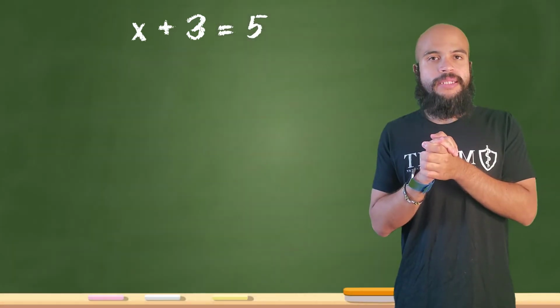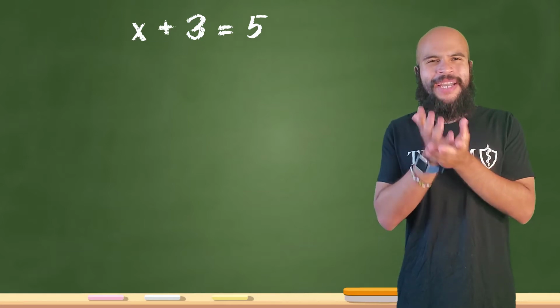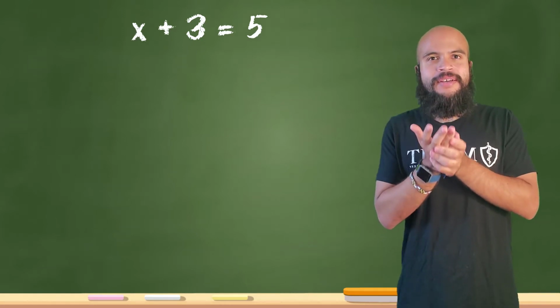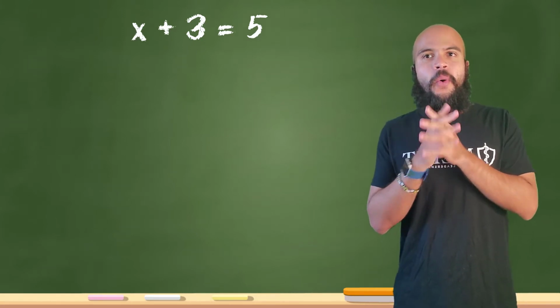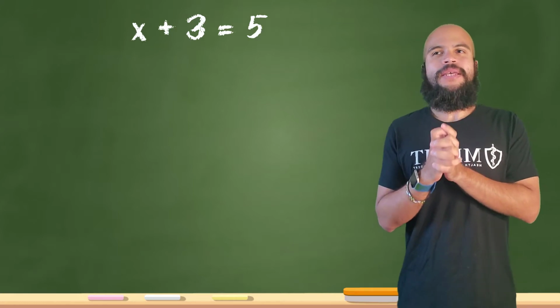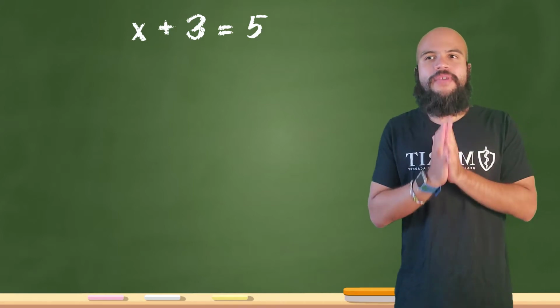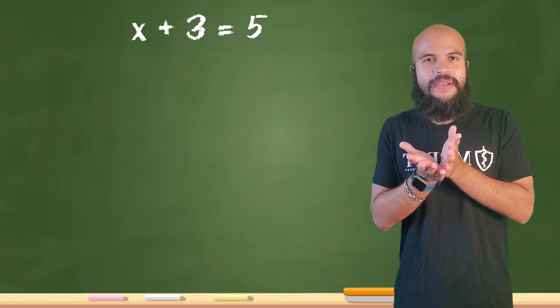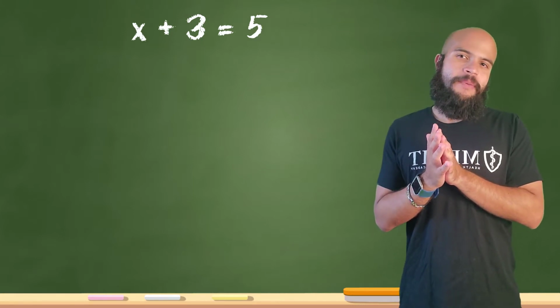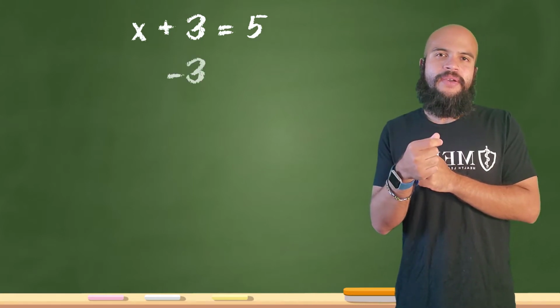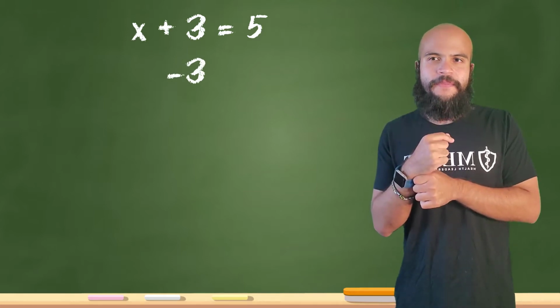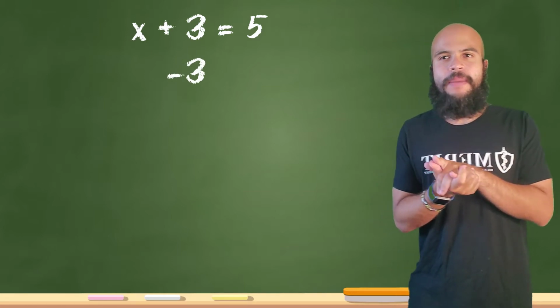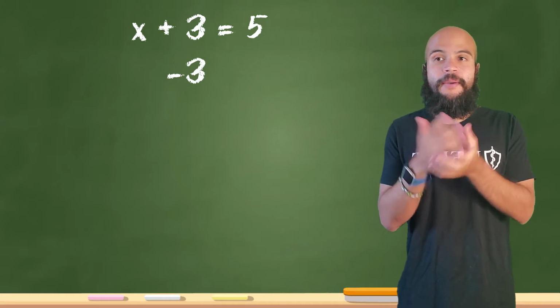So your thought process should then be, how do I get rid of that positive 3 so that I can get x by itself? Or you can look at it as, what is the opposite or the inverse of adding 3? The answer to this question is either by adding a negative 3 or by subtracting 3. Adding a negative, remember, is the same as subtracting a positive.